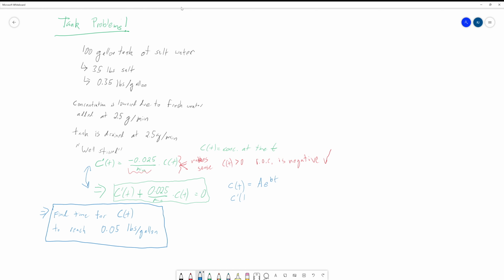That means C prime of t equals A times b times e to the bt, which then would mean, plug in, you would have A b e to the bt plus 0.025 per min times A e to the bt equals 0.